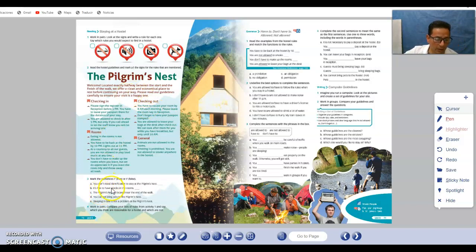Pilgrim's Nest is located near the end of the walk. So I give you 5 seconds. So where is it located? It is near the end of the walk.